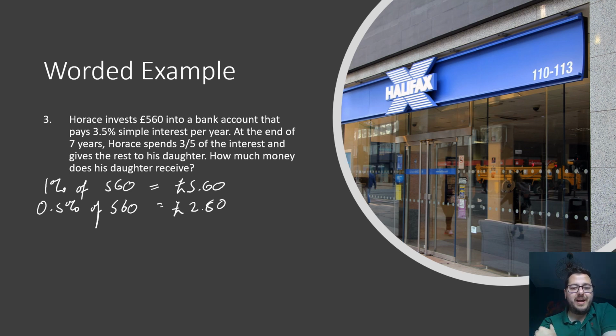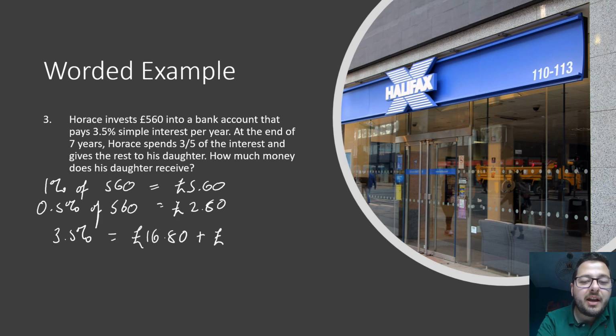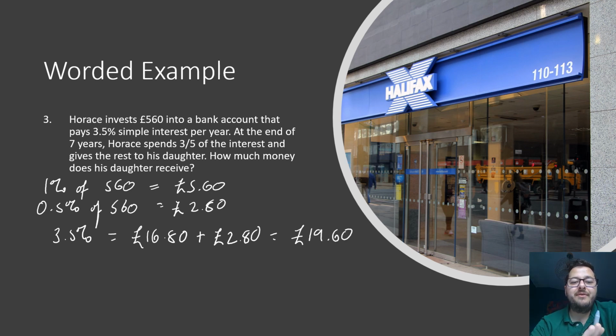So 3.5% is going to be 3 lots of £5.60, which is £16.80, plus this half, £2.80. Altogether, that's £19.60. Every year he's going to get that amount of interest.